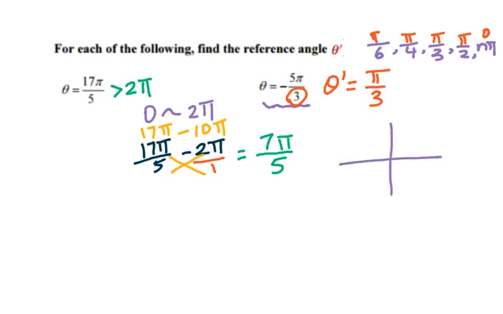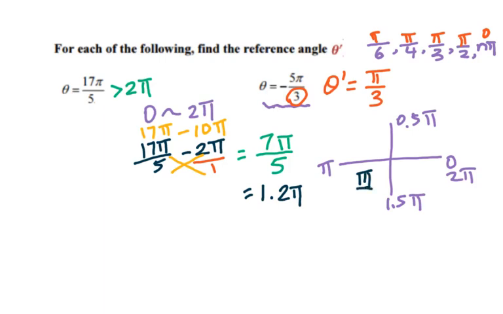Okay, let's go to 0, 0.5 pi, pi, 1.5 pi, and 2 pi. We know that this equals 1.4 pi, which means a third quadrant. Therefore, your reference angle is still theta minus pi.